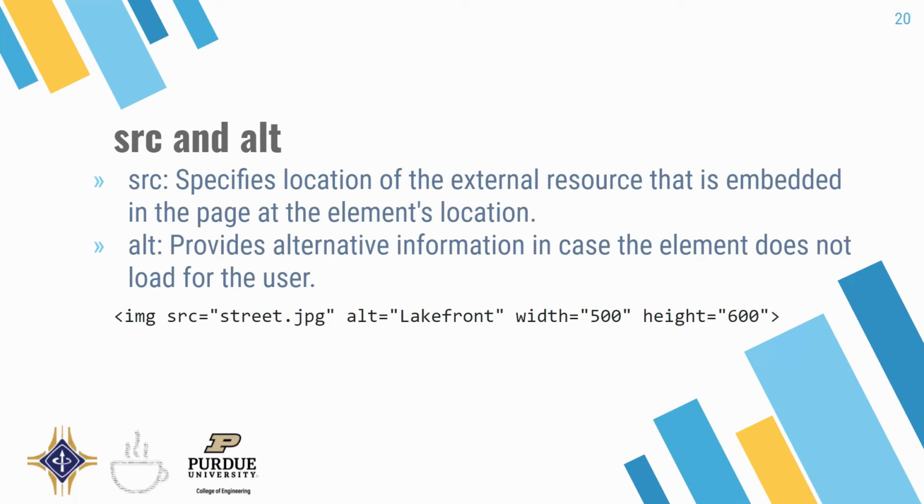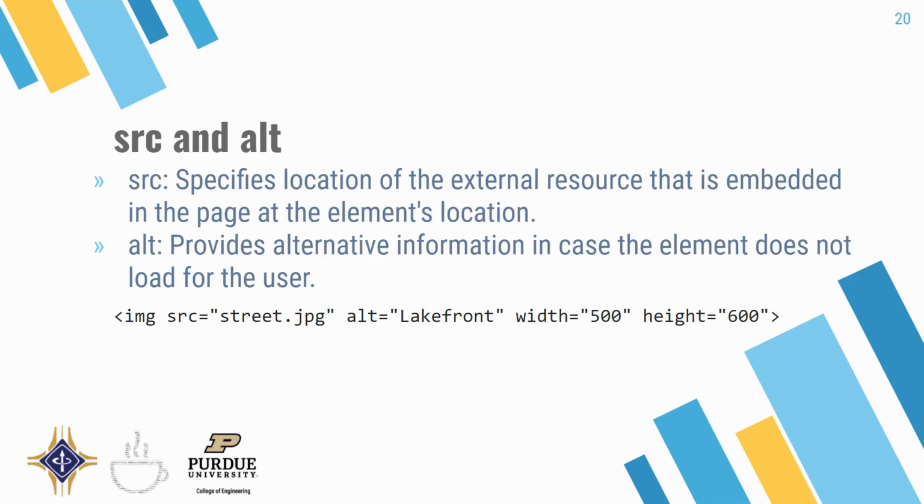Second, if a user has a poor network, bad internet, the browser can choose to load the alt text instead of the image, saving the user bandwidth. So for that reason, always put in alt text and describe your image in the alt text, so that any user can always use your site properly.